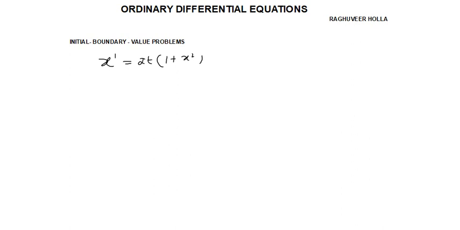So let us find the solution for this. This is dx by dt, which is equal to 2t times 1 plus x square.